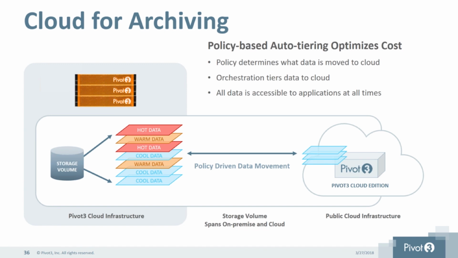From the application perspective, we're doing archiving to save cost, but we're maintaining data availability at all times. And we're leveraging the intelligence engine that we already have, which not only looks at data usage and puts the data in the right location, but also does read ahead and predictive analysis to determine what data the customer is likely to need to access, and then pre-stage that on a warmer layer.